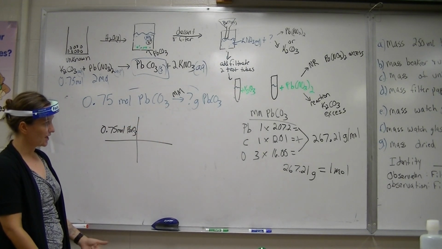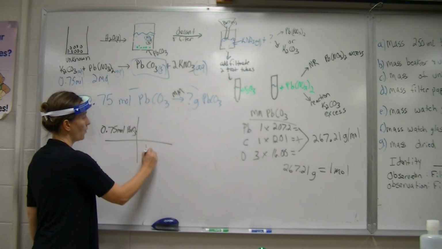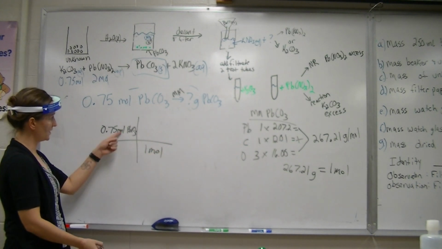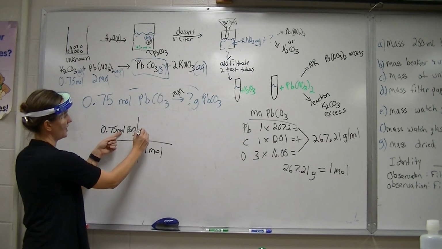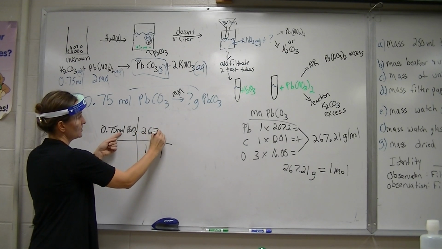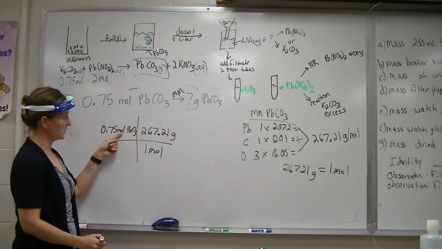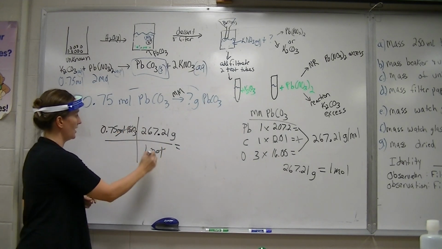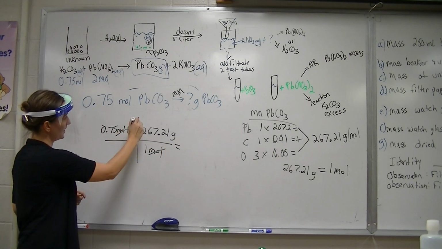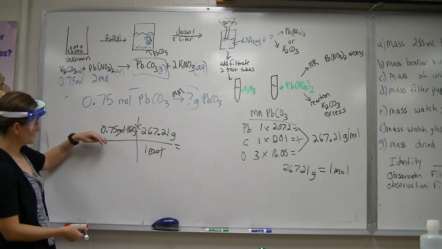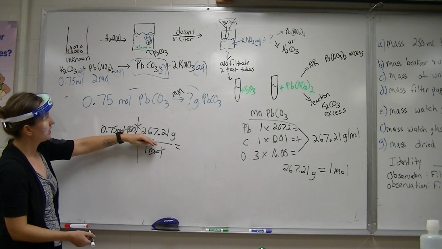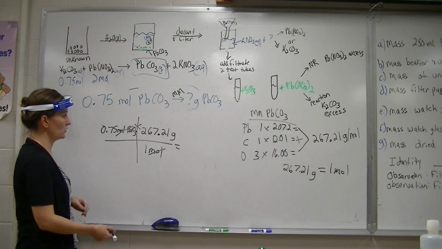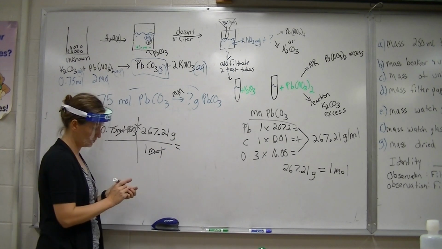So the 1 mole is going to go on the bottom so that it cancels on opposite sides of the horizontal line, and the 267.21 goes on the top. So moles cancel, and these vertical lines are basically multiplication lines. So I take 0.75 times 267.21 to get my grams of product.